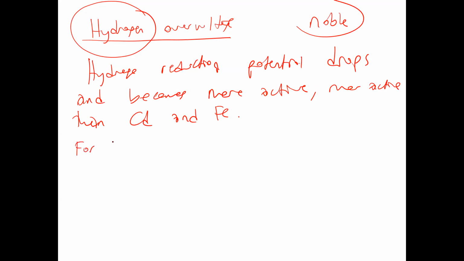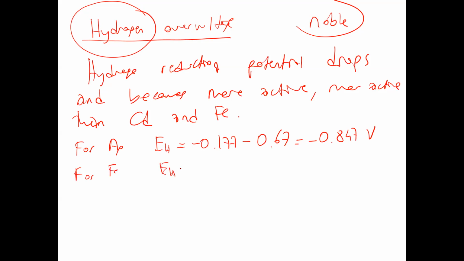When it comes to silver, hydrogen reduction becomes minus 0.177 minus 0.67, equal to minus 0.847 volt. And for iron, hydrogen reduction potential is minus 0.177 minus 0.53.